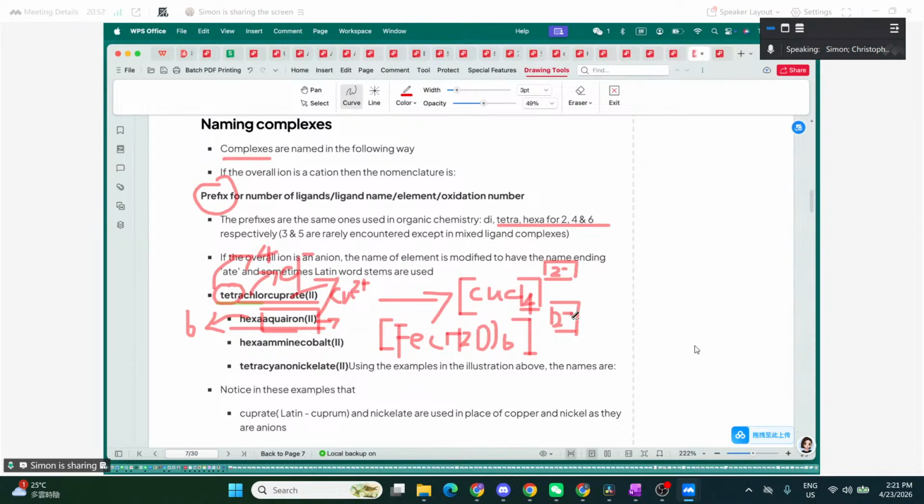And for this one, the hex represents what? Hexa is 6. And another, this one.